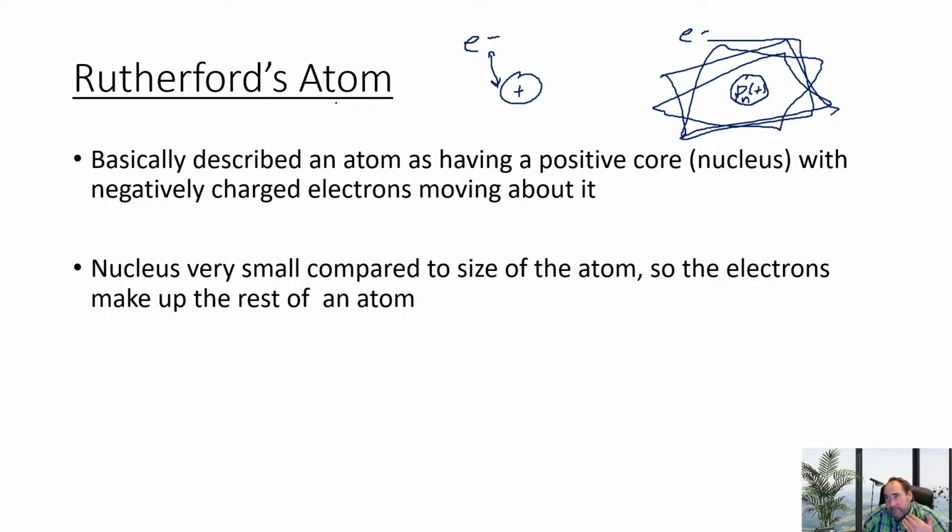As we'll talk about in the next chapter in terms of bonding, that's why certain electrons are involved in bonding and other ones are not. There are two different types of electrons. We'll get into that a little here, but we will definitely talk more about it in the bonding chapter. It's also why electrons don't just fly away: there is still that electrostatic attraction between the negatively charged electrons and the positively charged nucleus.